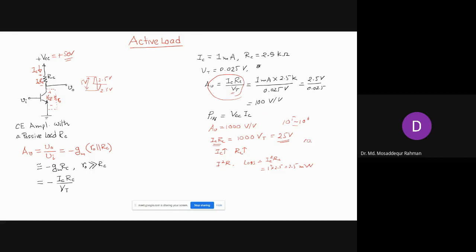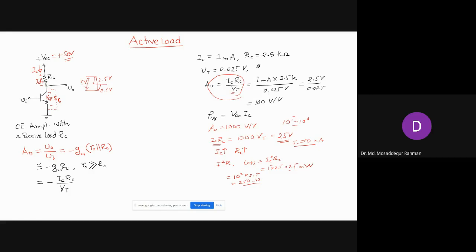So instead of 1 milliampere, you use IC of 10 milliampere. Then your loss will be 10 squared times 2.5, so that will be 100 times, 250 milliwatt. So your power loss goes up from 2.5 to 250, 100 times.